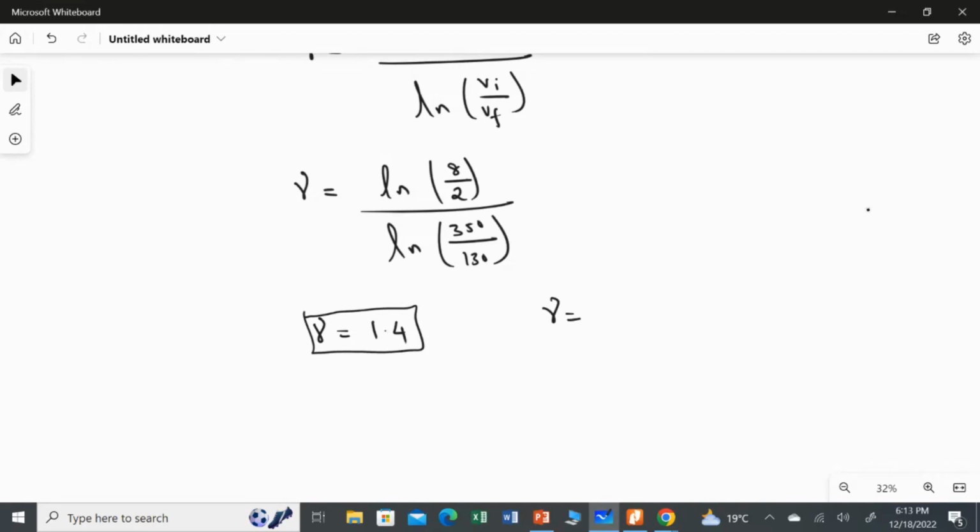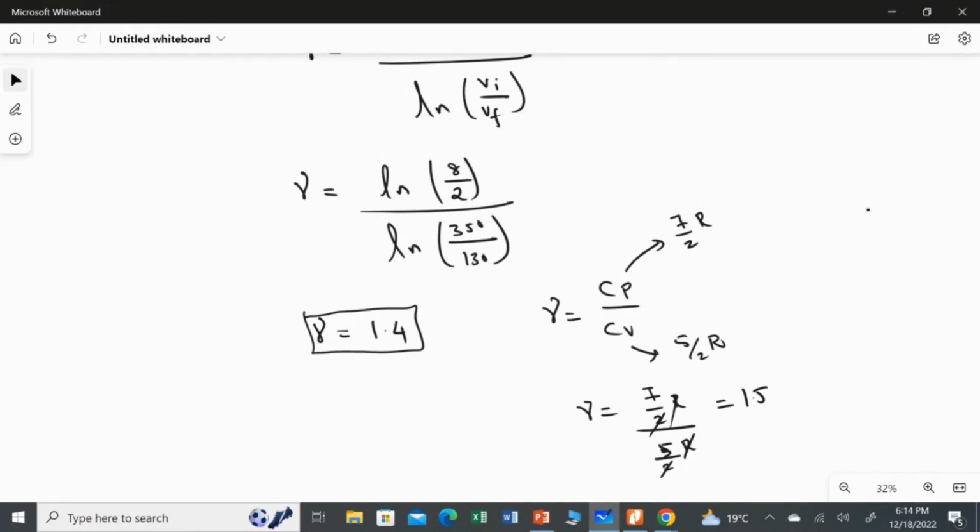For a diatomic gas, Cp is 7 over 2 times R, and Cv is 5 over 2 times R. Substituting, we get 7/2 R over 5/2 R. We can cancel R, and we get 7 over 5, which is equal to 1.4.